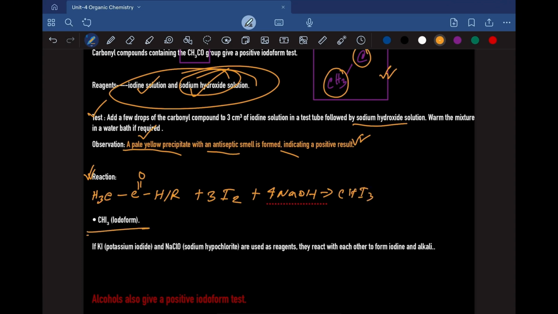This CHI3 is very important because this is the iodoform which has been formed, plus 3 moles of water. Okay, this is the main reaction.